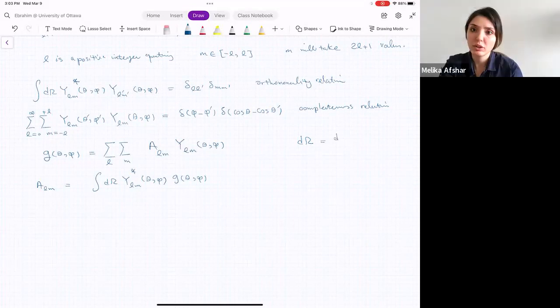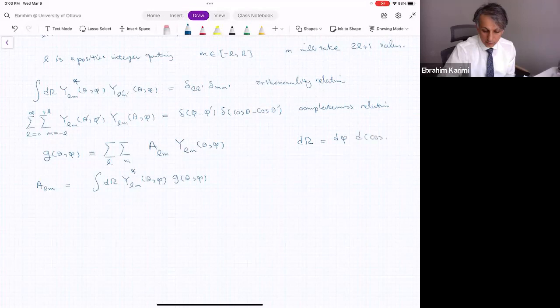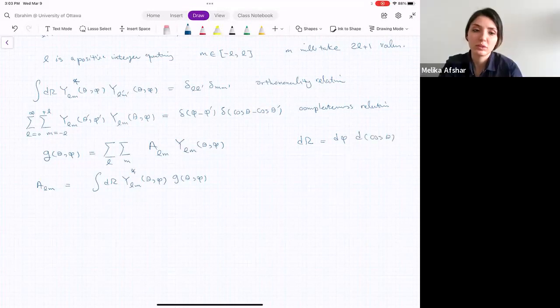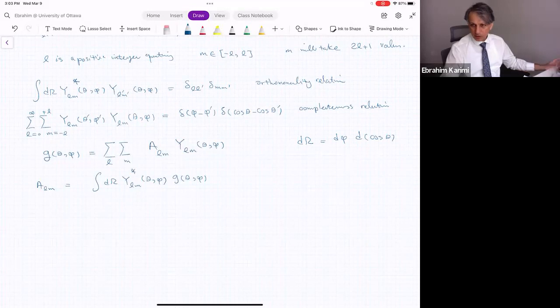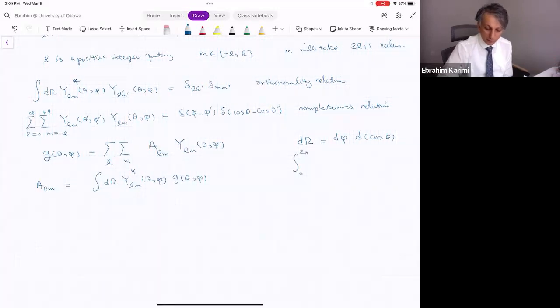d omega is d phi d cosine of theta. If you write it in terms of d phi and d cosine of theta, remember the interval for phi will be 0 to 2 pi, and for d cosine of theta will be -1 to +1.